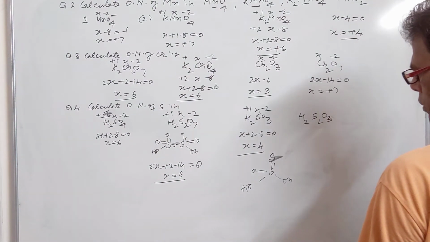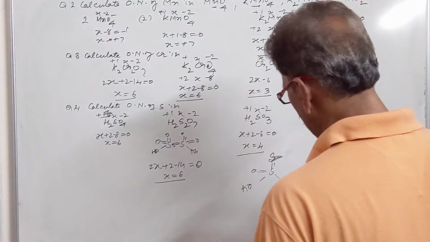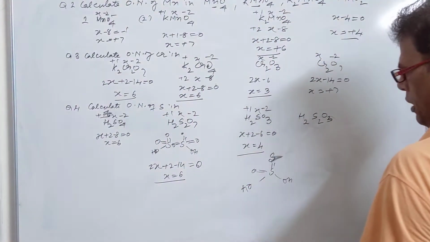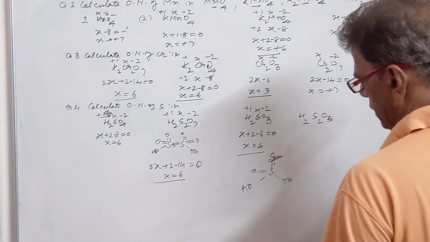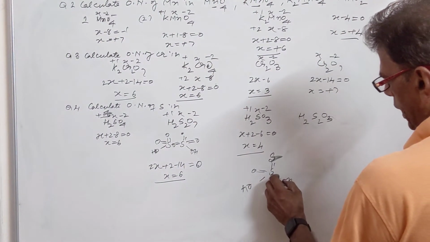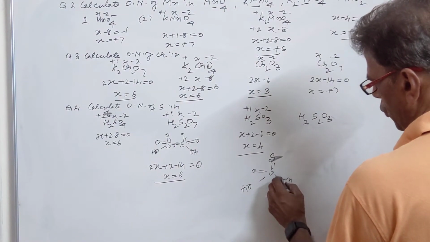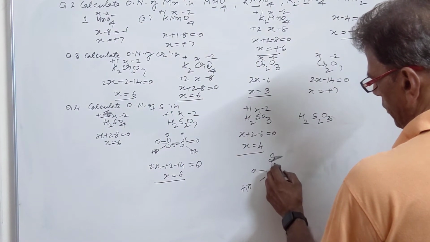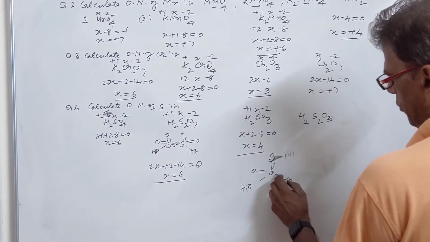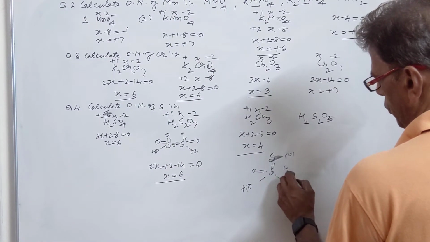Now here the oxidation number of sulfur will be taken. When similar types of atoms are joining, the oxidation number is taken to be 0, and here it is having 4. This sulfur is having 0, and this sulfur is having an oxidation number of 4.